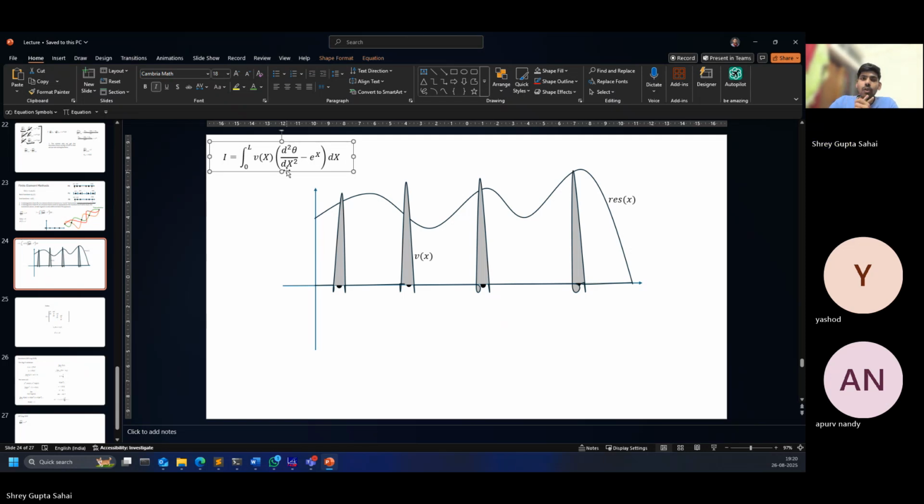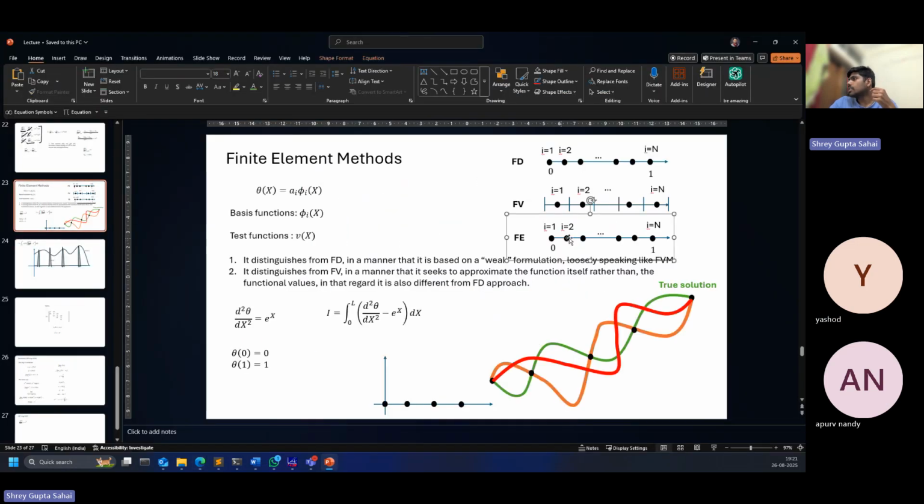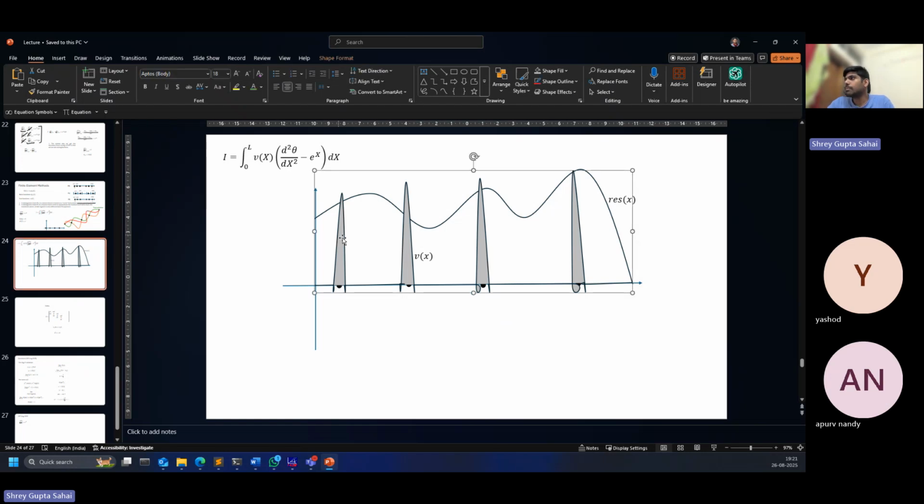How do you define an element? What is an element? Element is a region between two nodes. Am I correct there? Yes, element is a region between these two nodes. And the idea is that around every node, this V of X will peak.